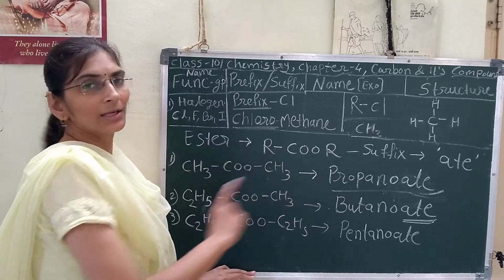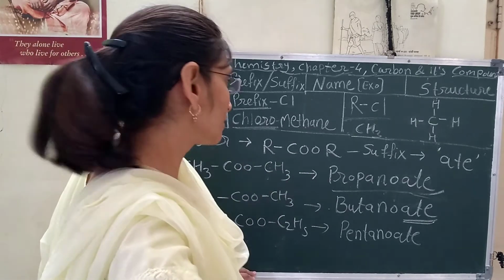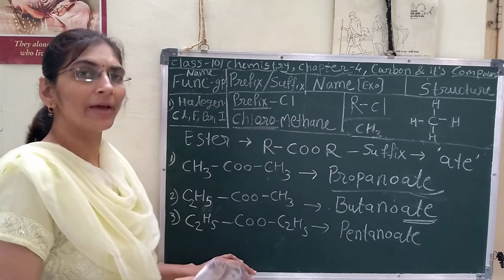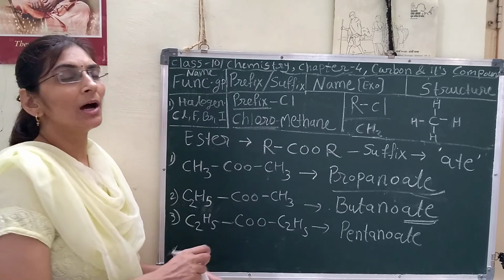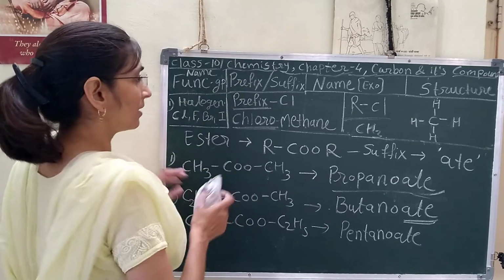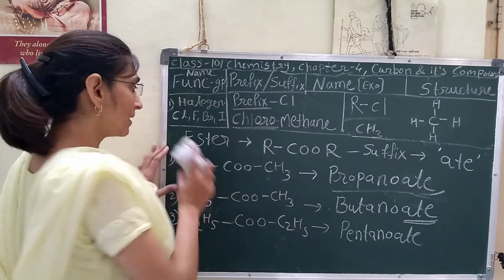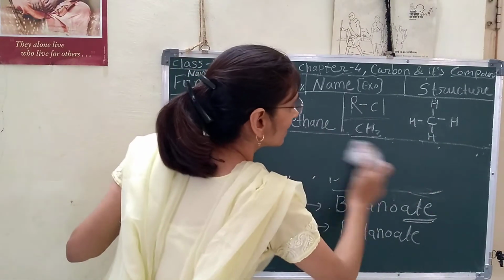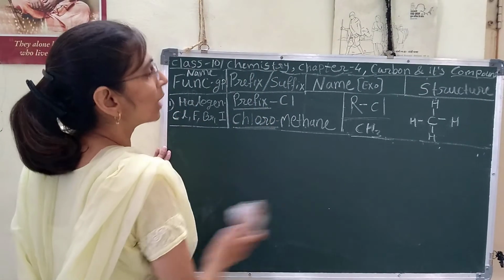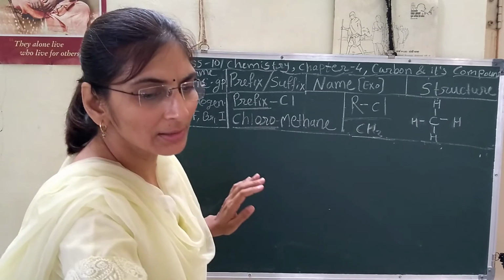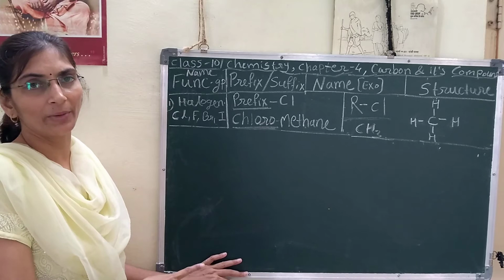This chart will be very important, and in your textbook also one chart is given. Whole functional groups are written there, and the formula for each functional group is also written there, and what suffix you have to write, that also you know now. Learn that table very well, because it is a very important topic.